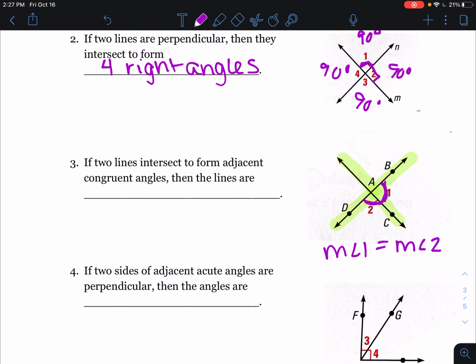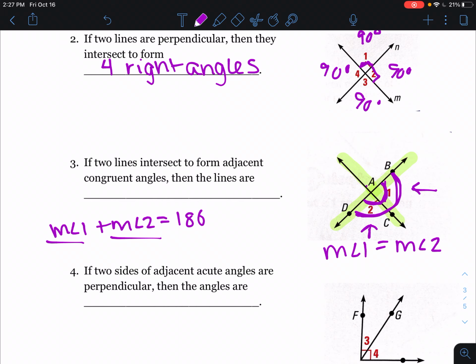Think of this as like a puzzle. I know that together these two angles add up to 180. So that means that the measure of angle 1 plus the measure of angle 2 equals 180. But these two are going to be the same measure. So what does that mean? What one number added to itself is going to equal 180?